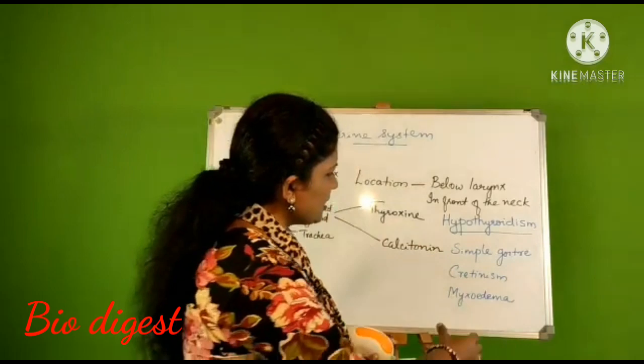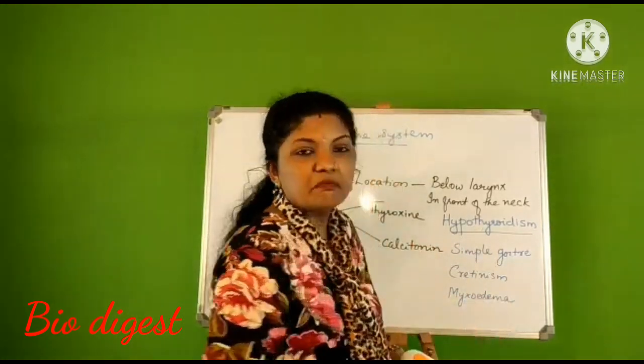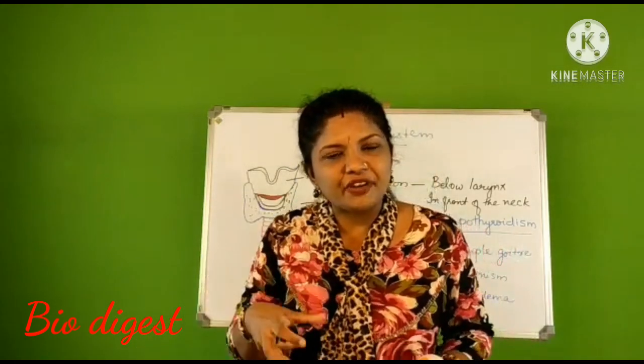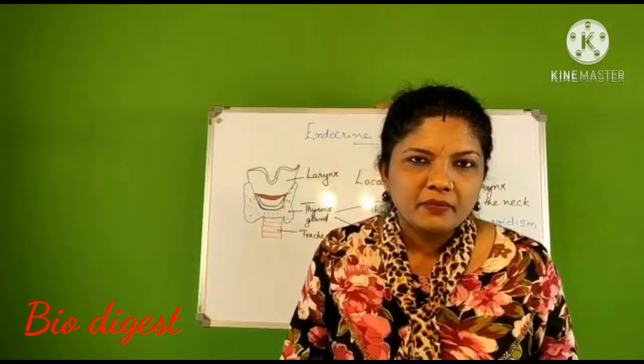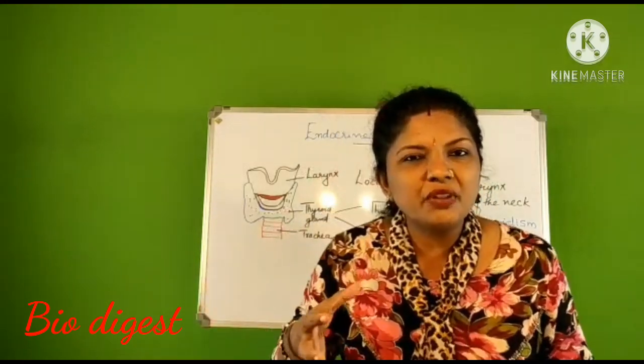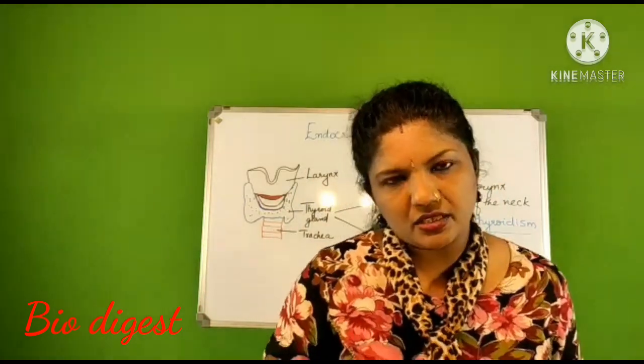Now the third condition is affecting the adults actually, which is known as myxedema. So if an adult is suffering with myxedema, what will be the symptoms? The person will become sluggish. What is the meaning of that?